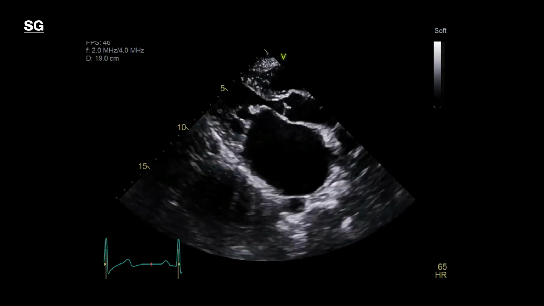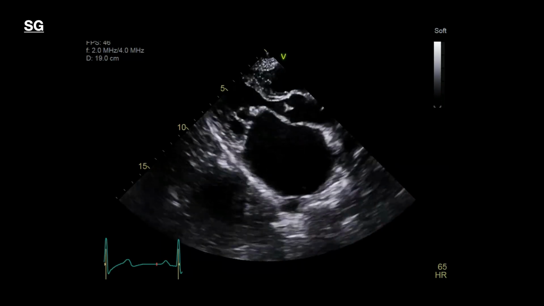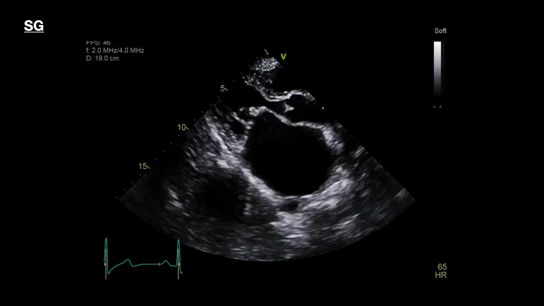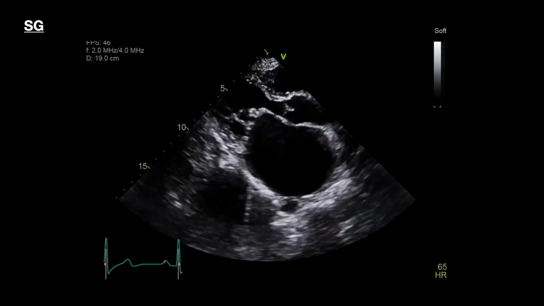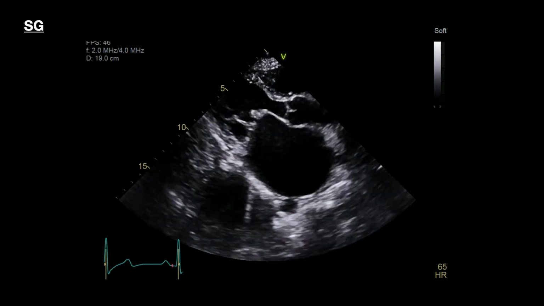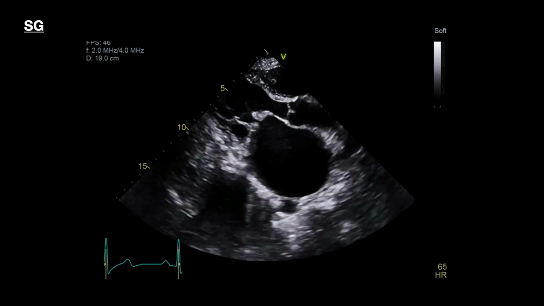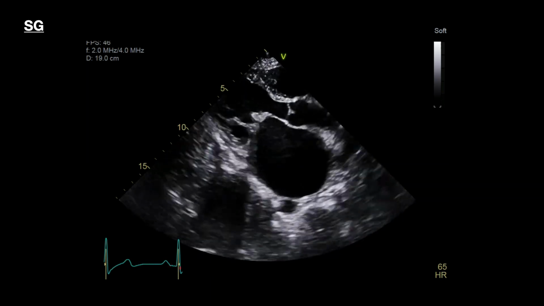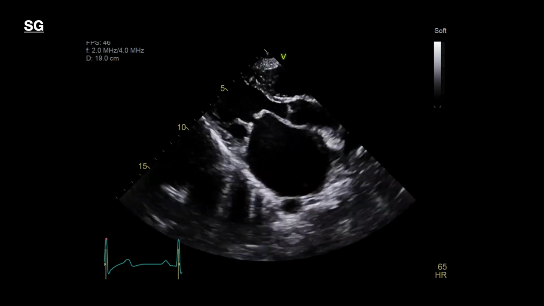The leaflets appear restricted in their mobility, and they're not opening normally. And again, we can see the hockey stick appearance of that anterior mitral valve leaflet, which is consistent with rheumatic heart disease.